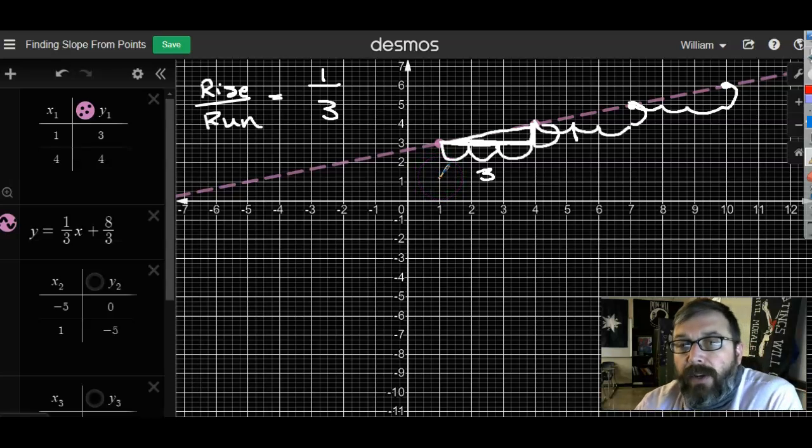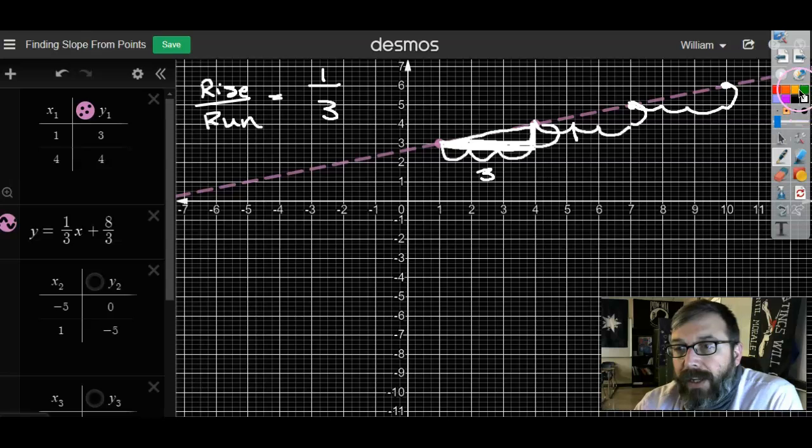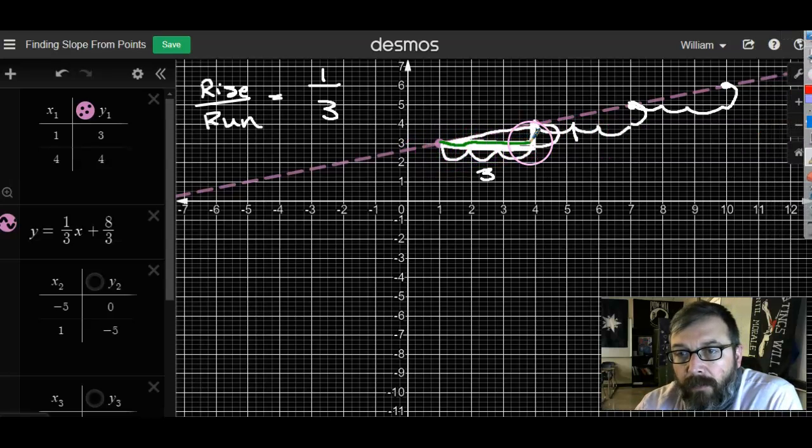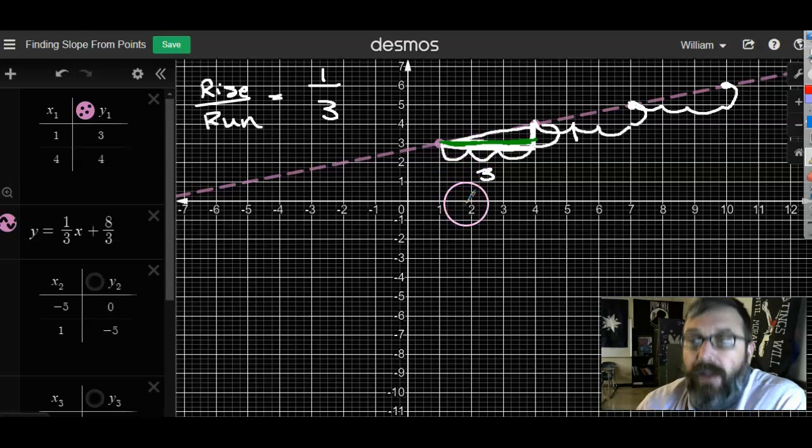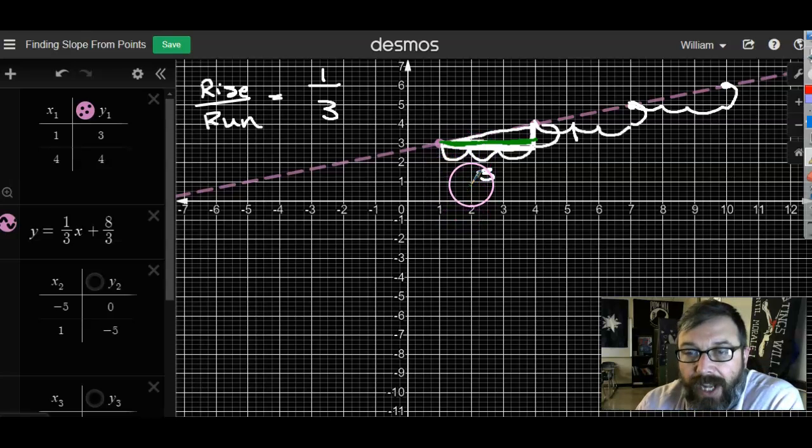Okay, now I want you to think about this. Whenever I'm talking about my run, what does that actually imply? My run is going from left to right, so I am talking about a change. In math, we represent the word change by the symbol delta.